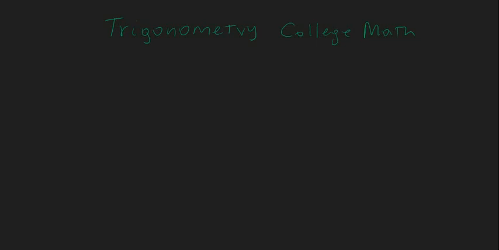In this video, I'm going to cover trigonometry, college math. Let's say you were given a problem that says solve in the interval of the zero angle to 2 pi.